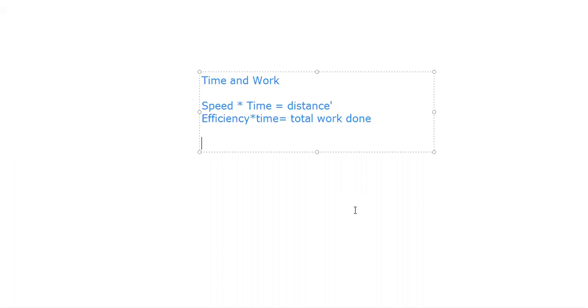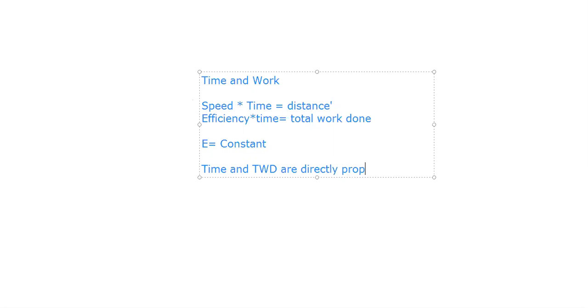Fine. So now when efficiency is constant, efficiency, let me put it as E, when efficiency is constant, time and total work done, TWD, are directly proportional.